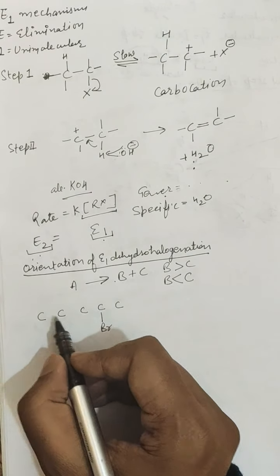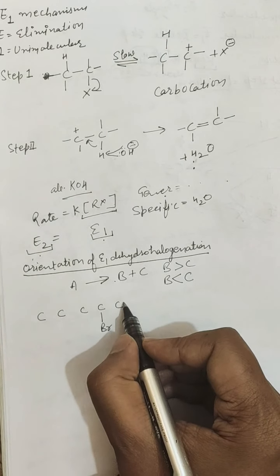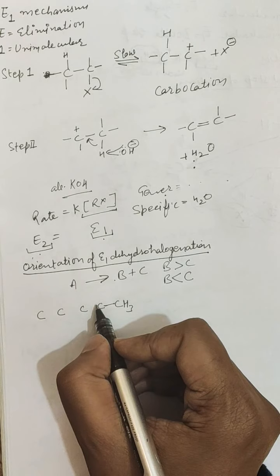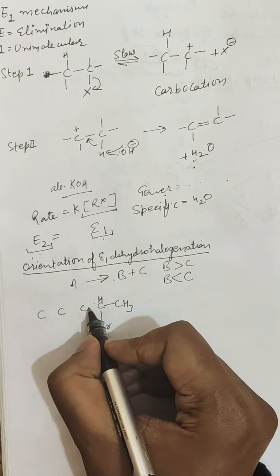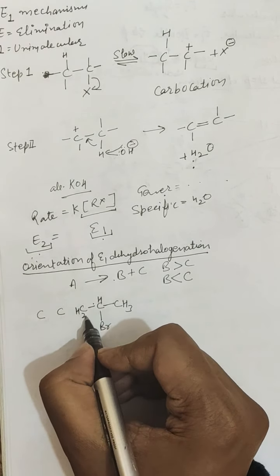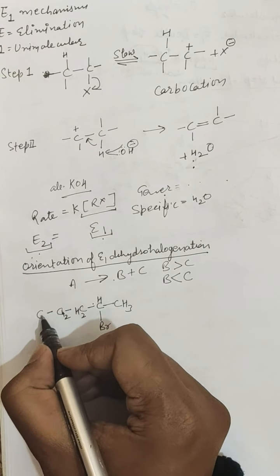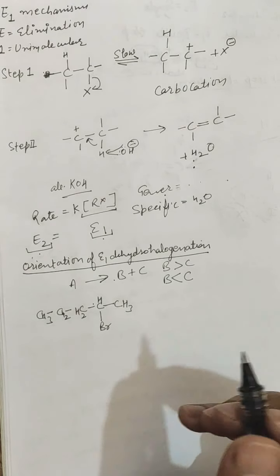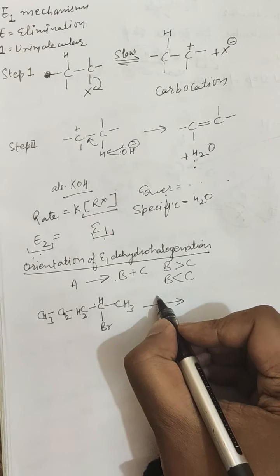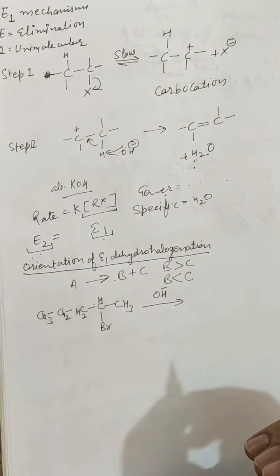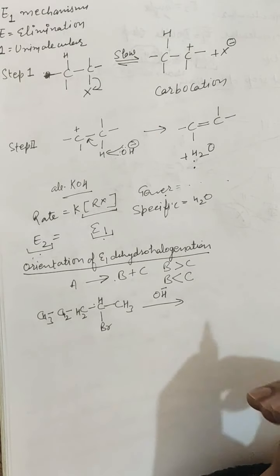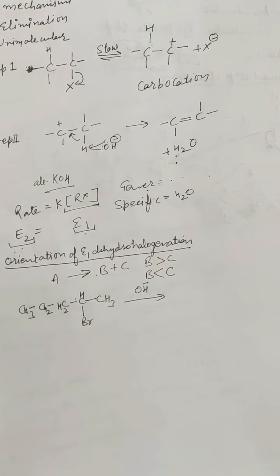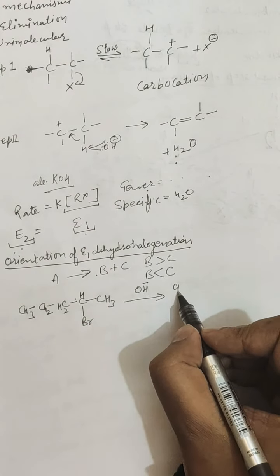The rest of the valencies we fill with hydrogen: 3 hydrogens here, 1 hydrogen here. When it is attacked by the base, that is the hydroxyl anion, it results in the formation of two products. The one product is pent-2-ene and the other product is pent-1-ene.